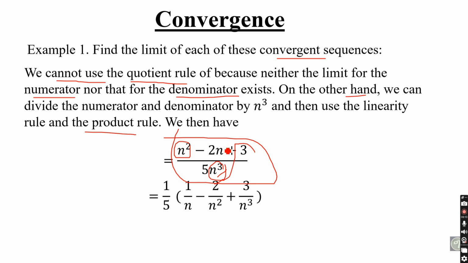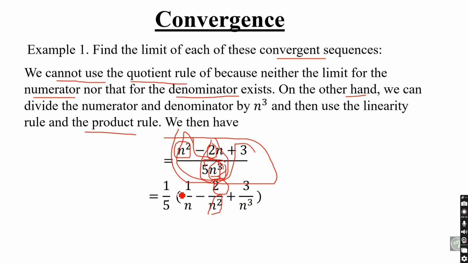As you can see, n squared over 5n cubed is 1 over 5n, minus 2n over 5n cubed, which is 2 over n squared, since n over n cubed gives n squared in the denominator, plus 3 over 5n cubed, so we keep the n cubed as it is, 3 over n cubed.